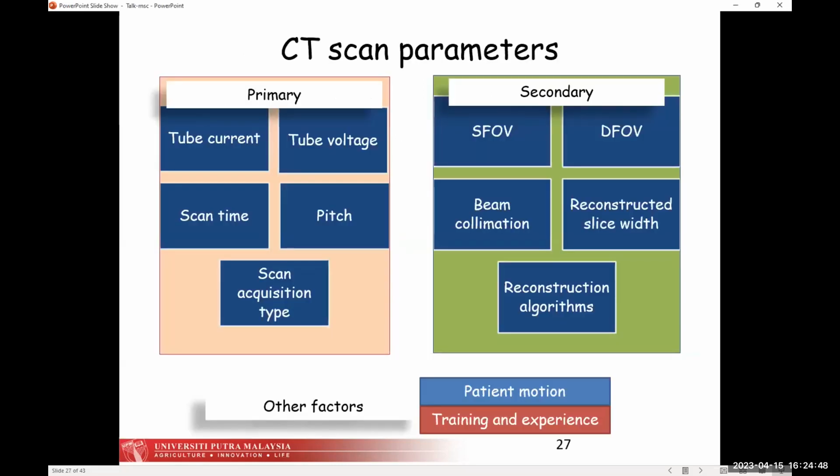So I would say that these CT parameters could be classified into three types which influence the CTDI vol. First are the primary factors, then we have secondary factors, and then the other factors which are due to the human. The primary factors cover tube current, tube voltage, scan time, and pitch factor, and also scan acquisition time. These primary factors will influence the CT dosimetry, especially the CTDI vol.